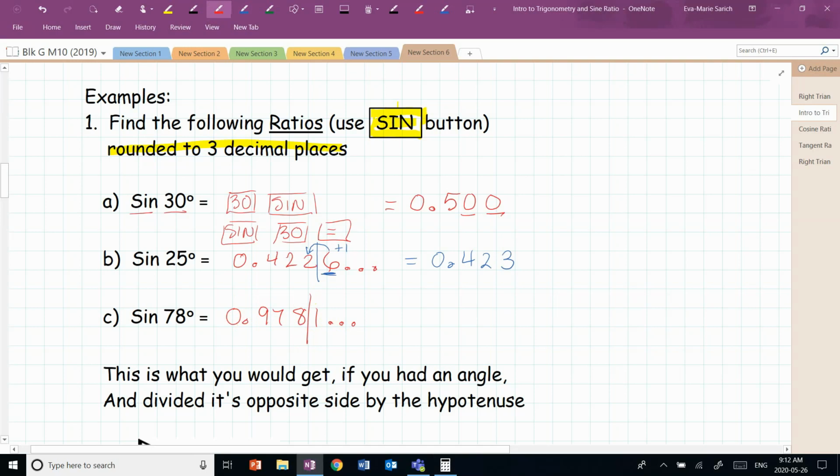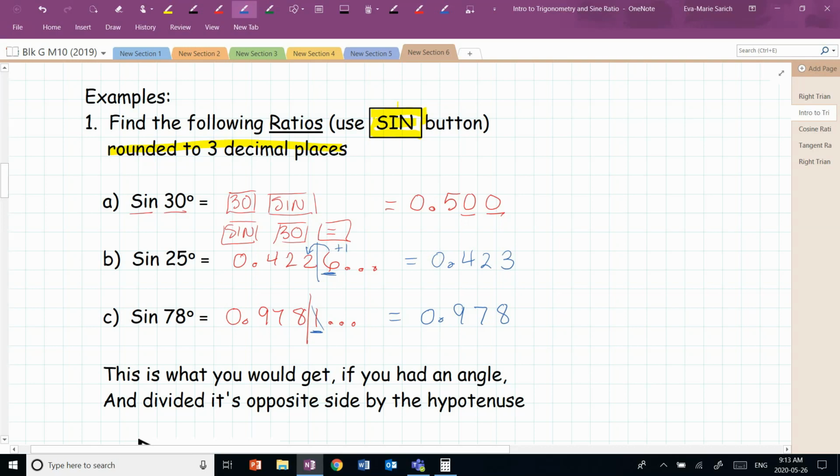So I'm only looking at 4 places to decide what my rounded 3 should be. And in this case, if it's a 4 or less, we just drop it off. We don't add 1. So the answer here is going to be 0.978. Okay, 3 decimal places rounded for those ratios.